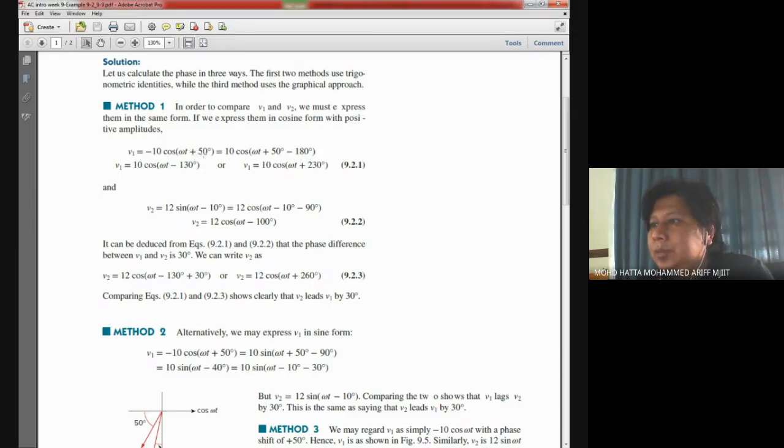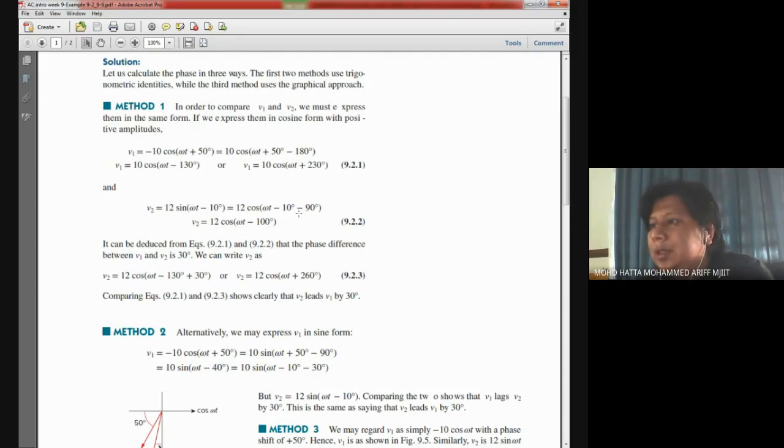So this should be minus 180 degrees. This is the conversion from a negative value of magnitude into a positive value of magnitude. And for V2, if you write it in cos, I made a mistake in the previous slide.